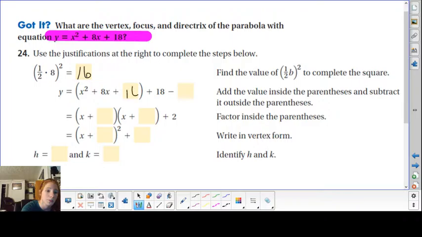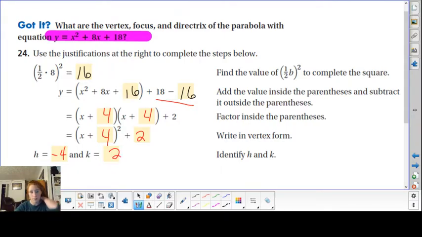So we write plus 16 and minus 16, because I can manipulate an equation by 0. What I add over here, I have to subtract again later on. We know that 16 is 4 times 4, and we know that 18 minus 16 is 2. So I have x plus 4 quantity squared plus 2. So my h is negative 4 and my k is a positive 2.